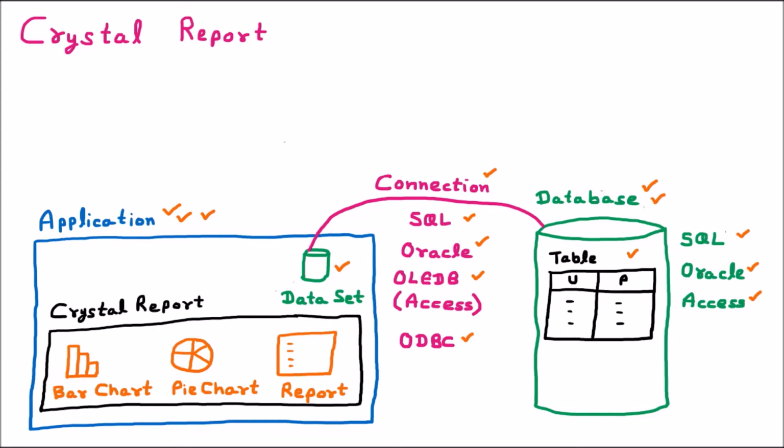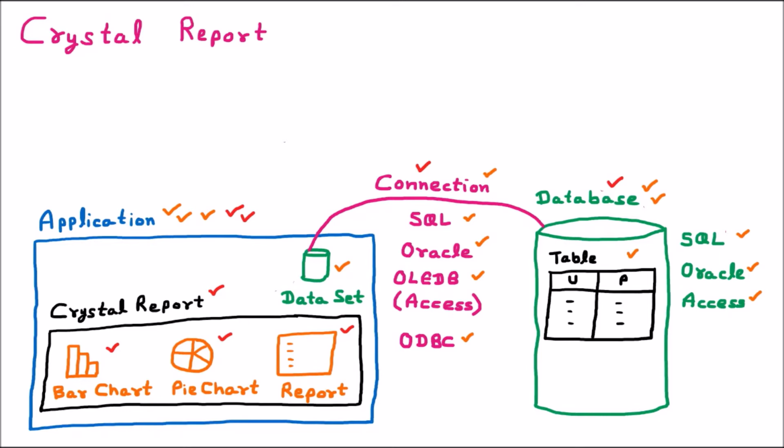So we should understand that if we are having the database and this database is connected with the application with the help of some connection, and here inside our application we don't want any text box, we don't want to display the data, we don't want to update or modify, we simply want that there should be some kind of report, just like we want to display a bar chart, pie chart, report, or some kind of thing so that we can access complete data, we can see and analyze the data, we can print that.